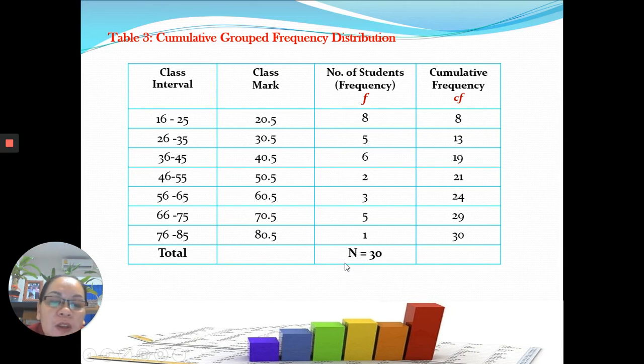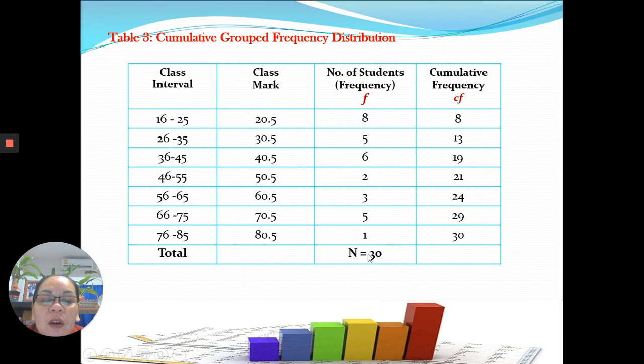And then if you notice, the cumulative frequency here, 30 of the last class interval must be the same as the total number of frequency, or the sum of your frequencies here.